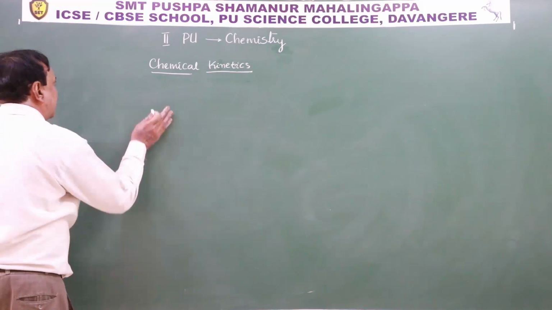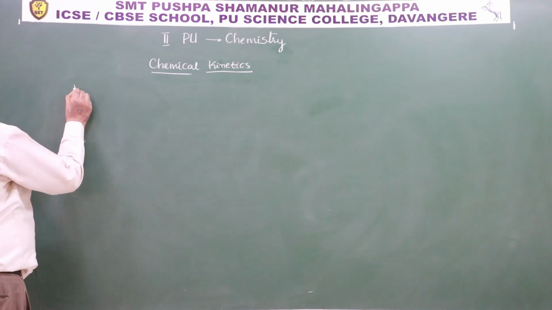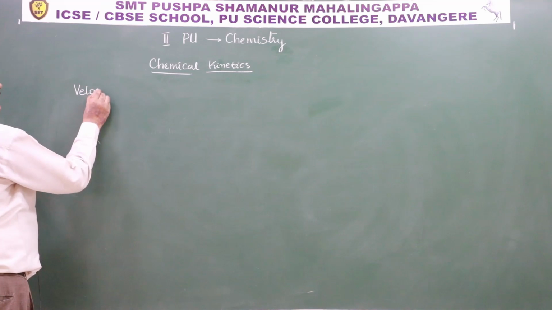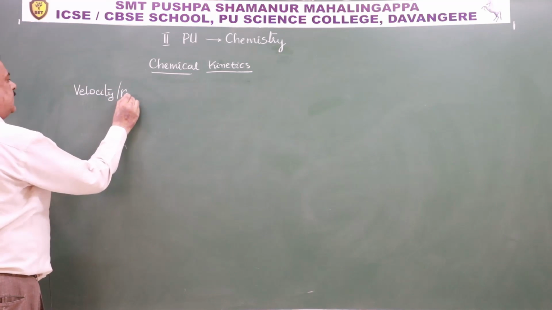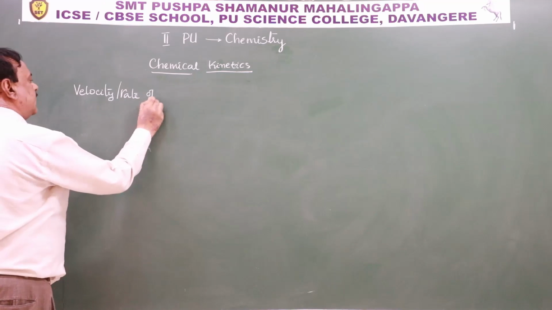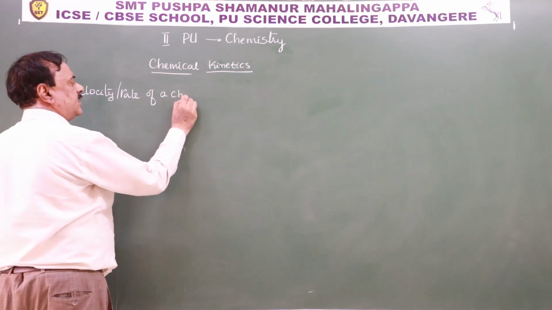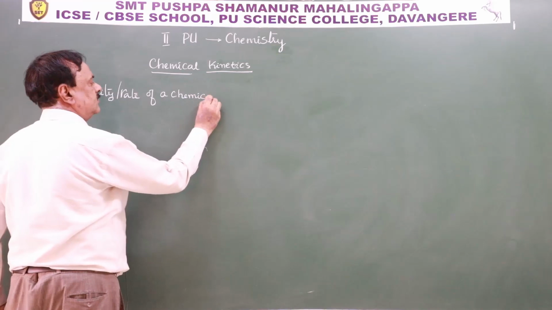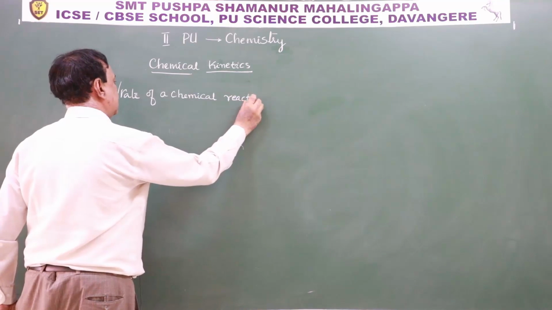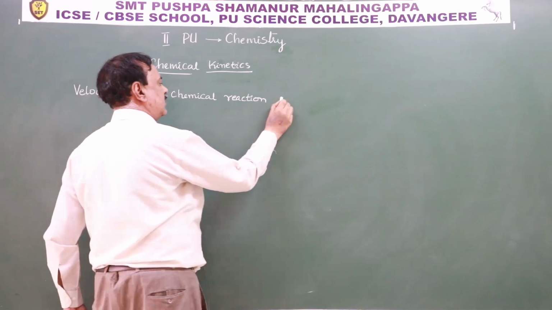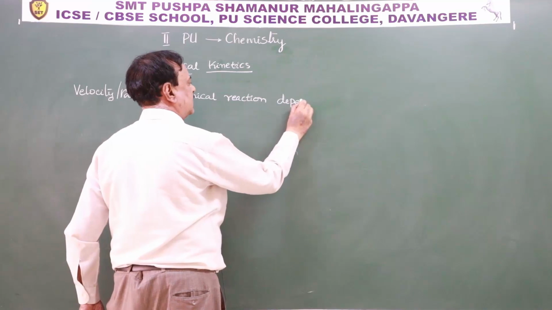Therefore, the velocity or rate of a chemical reaction depends on various factors. What are the various factors that it depends on?